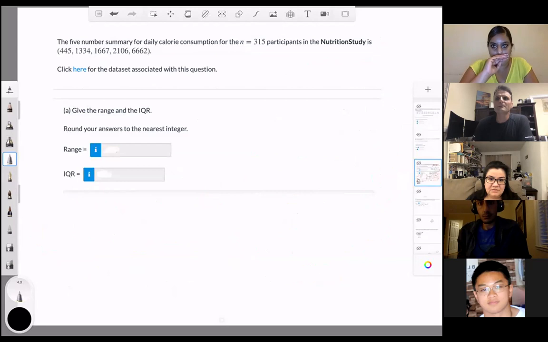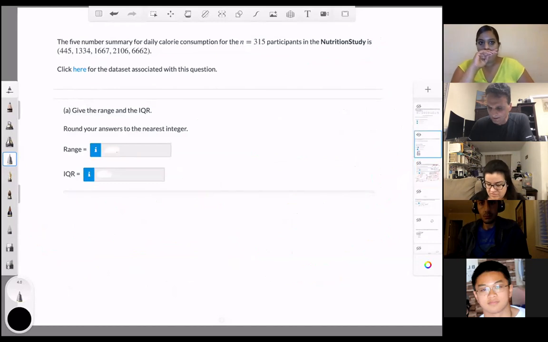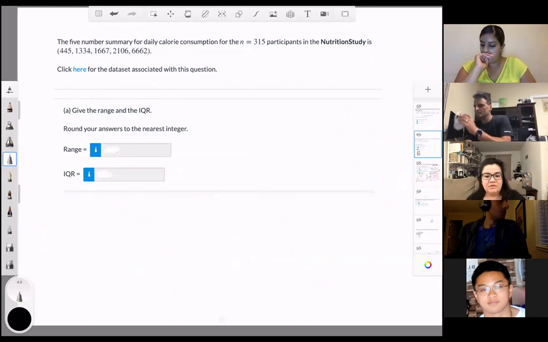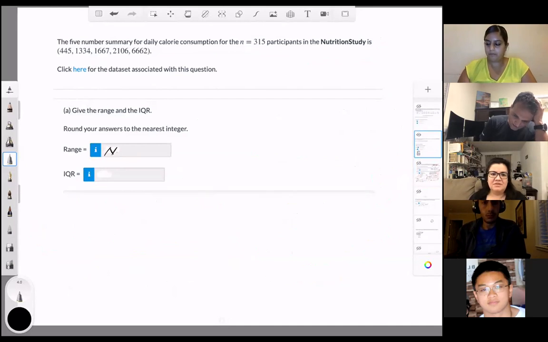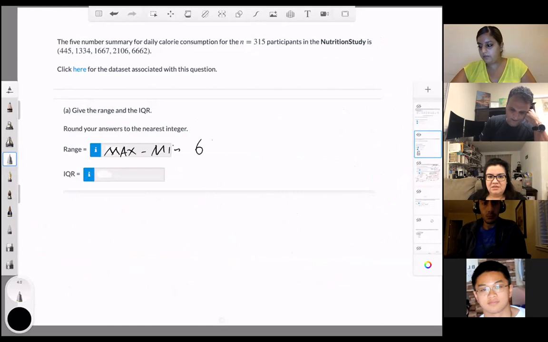Another 5-number summary here. What is the IQR? So how do we calculate the range? Is it maximum minus minimum? Very good. Max minus min, which is 6662 minus 445.